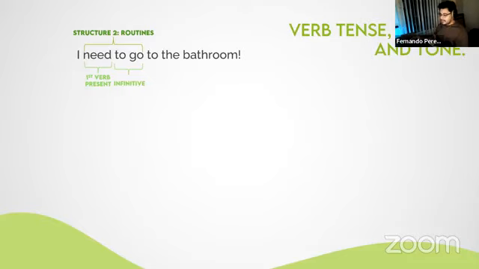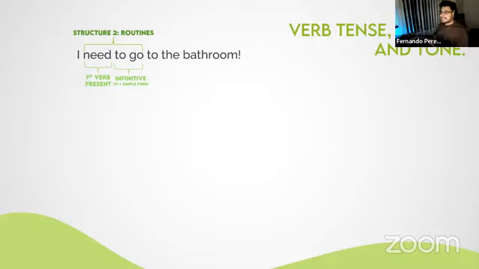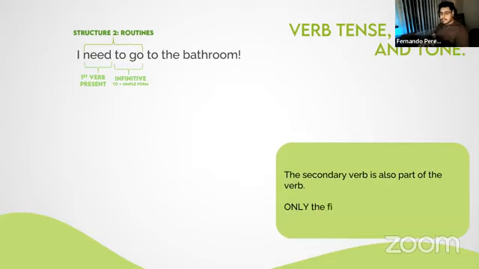An infinitive verb is the connector to plus simple form. Take very important attention to these two, because this is the most important part. The verb is complete, need to go, but you need to consider that the secondary verb is also part of the verb.